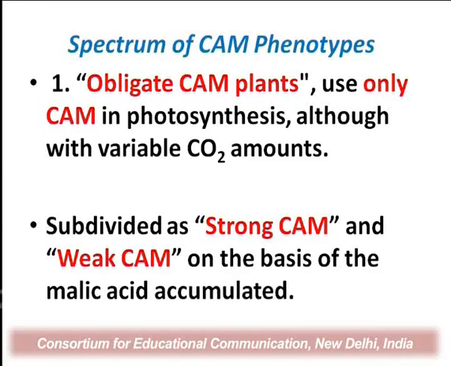There is a whole spectrum of different phenotypes which have been observed. The first category is obligate CAM plants. These plants are obligate in the sense that they have no other choice. They will have only CAM in photosynthesis.